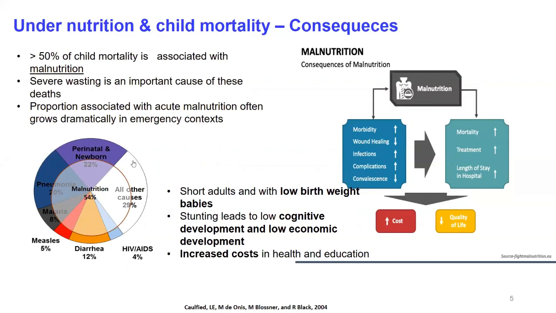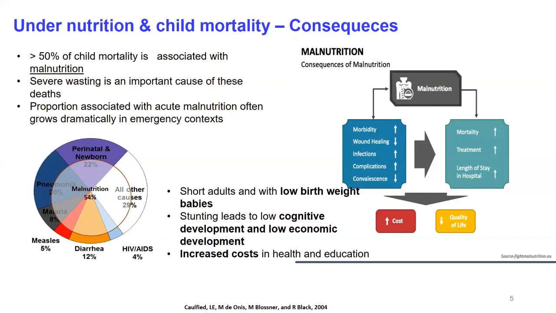But the big underlying contributor is this: a child may be documented to have pneumonia as the cause of death, but behind it, such a child has malnutrition. So over 54% of mortality in children is associated with malnutrition. And severe wasting is a major cause of death in our children with the complications.